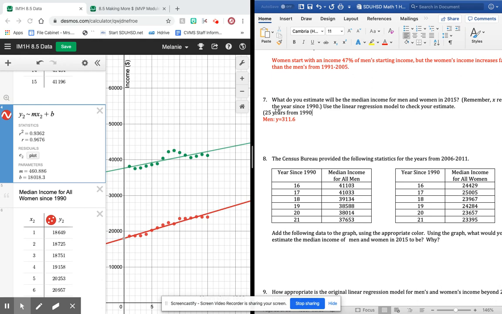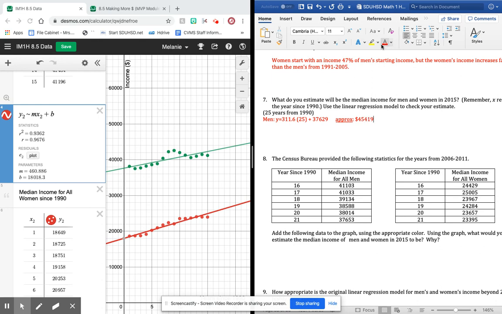So in here for x, instead of putting 2015, I just want to put 25. So this equals about 45,419.